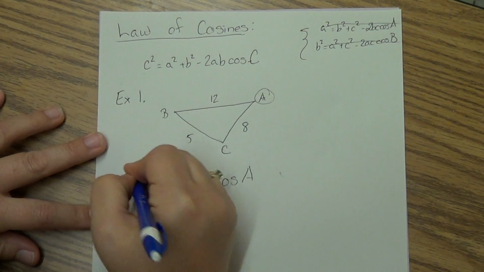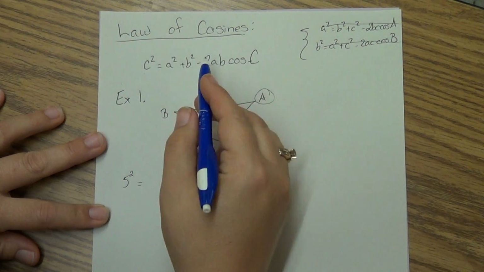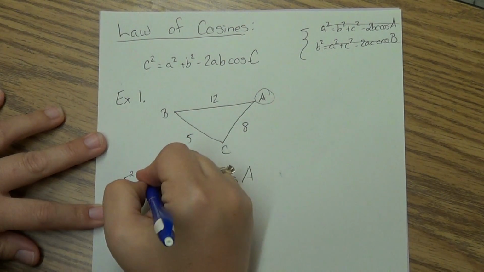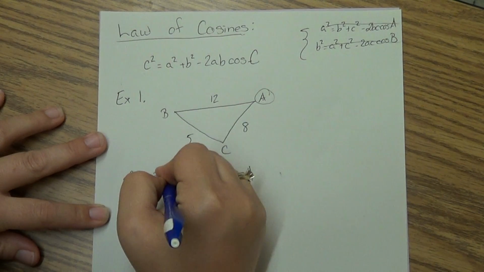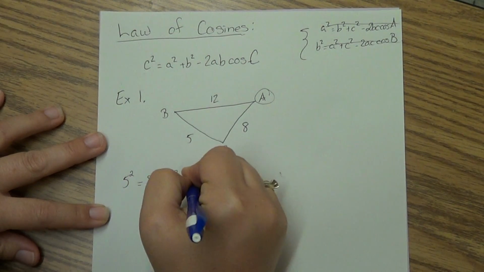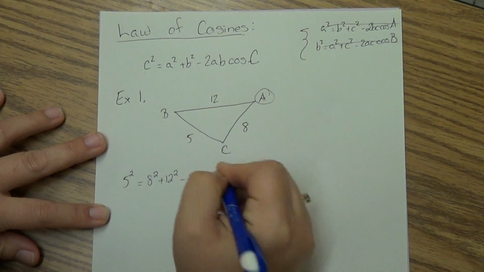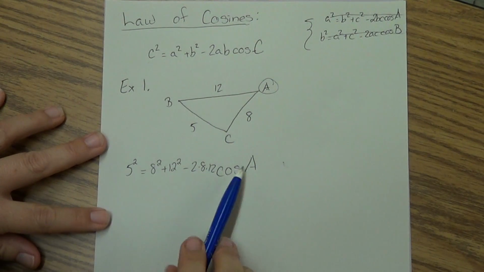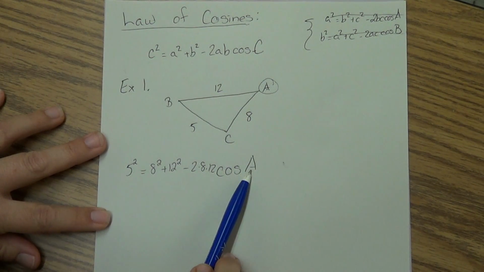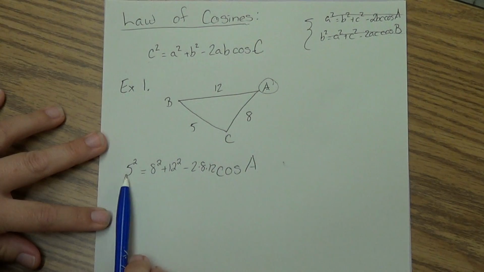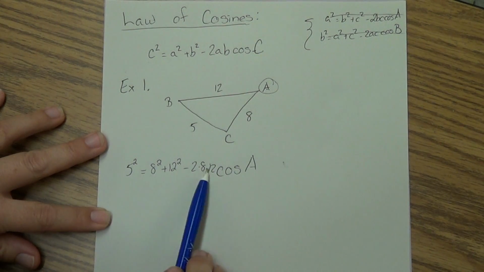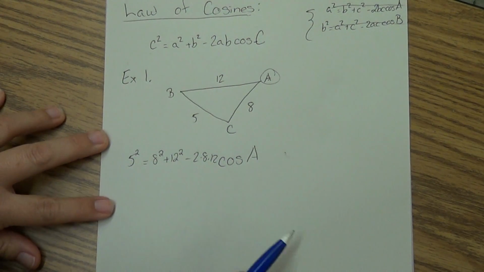So that's 5 squared. Then we put the other two sides over here. So 8 squared plus 12 squared minus 2 times 8 times 12. Again, the angle that you either have or are trying to find matches up with what's on the other side of the equal sign. And then you just fill in from there.